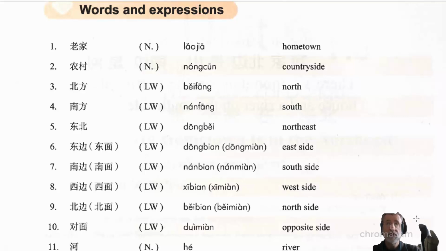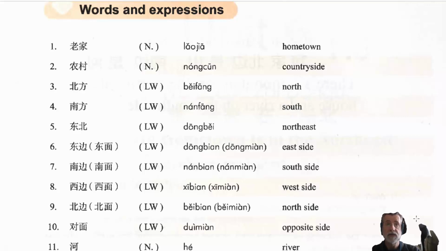Bian literally means the edge of something. Mian is the face of something, so like the face on a cube. Generally speaking, you would use these terms in relation to some kind of reference point. For example, we could talk about the Monash Clayton campus.